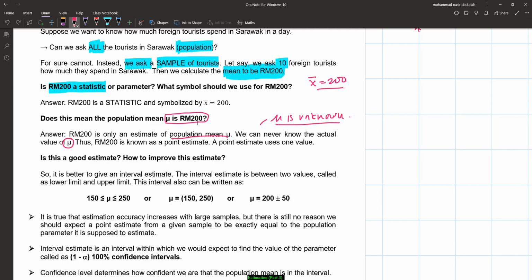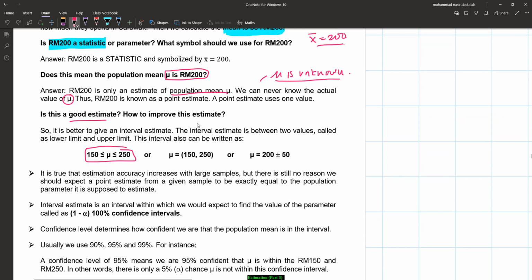So that's where the theory of point estimation comes in. We need to estimate the monthly or total spending of the tourists in Sarawak for the population, so we need to do a good estimate. To do a good estimate, we use a confidence interval, or interval estimation.